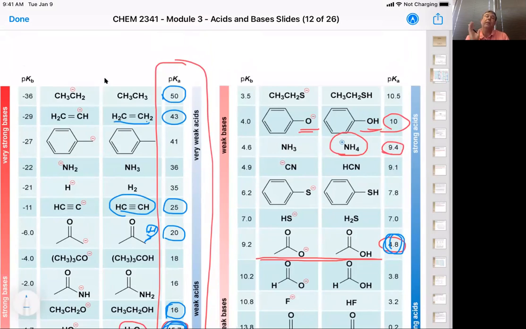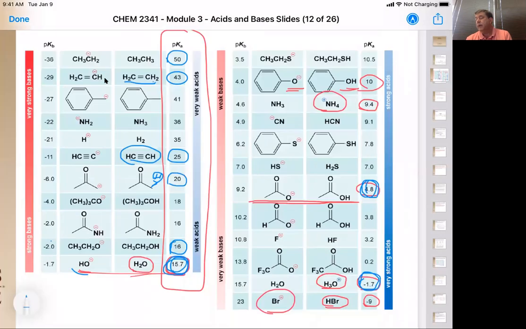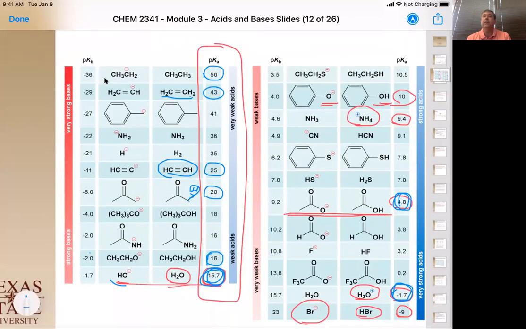Okay, and we're always going to compare pKa's until we talk about amines. So remember that. If that very low number is very acidic, then the very high number has to be the opposite of that, so it's a very weak acid. Okay, so the cool thing about that is that base strength is exactly opposite of acid strength.